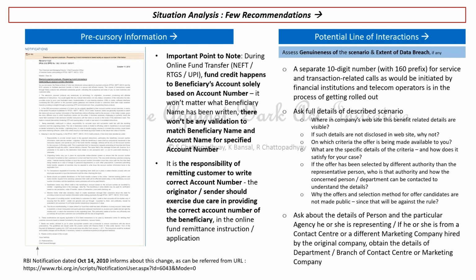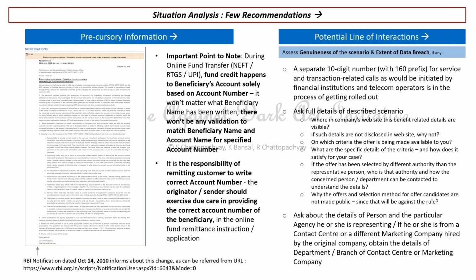If you are not aware, this is an RBI notification. This is already a practice followed since 2010, and you can see the URL provided here on your screen, and you can read through the whole content.